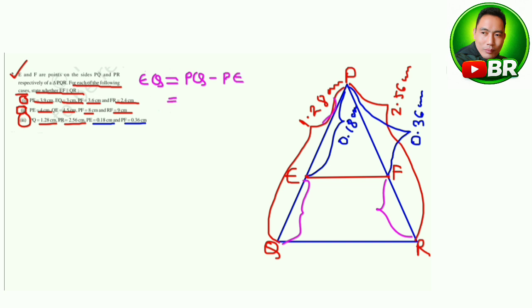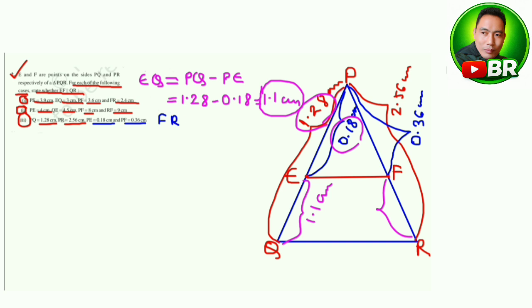PQ equal to we have 1.28 centimeter minus PE equal to we have 0.18 centimeter, and after subtracting here we obtain EQ is 1.1 centimeter. Okay, EQ is 1.1 centimeter.